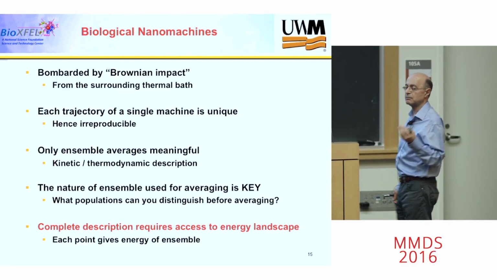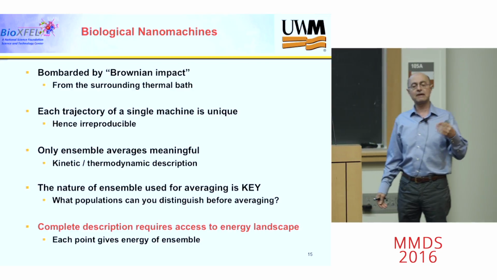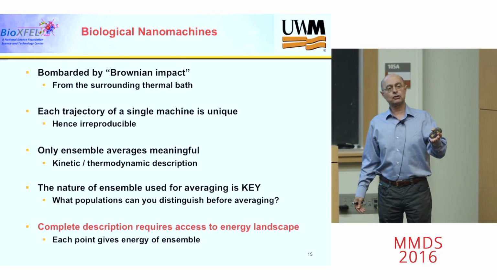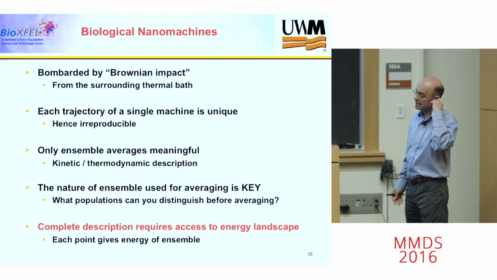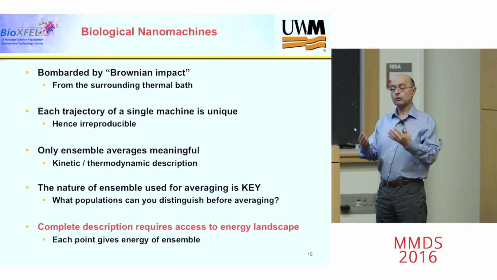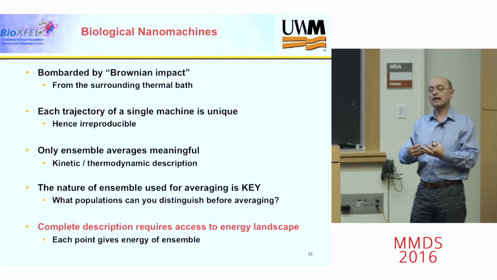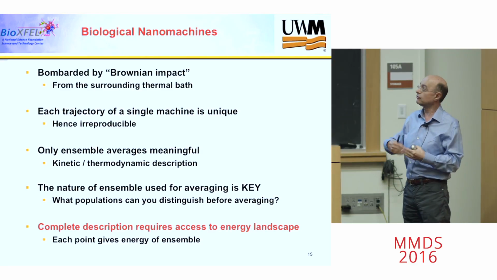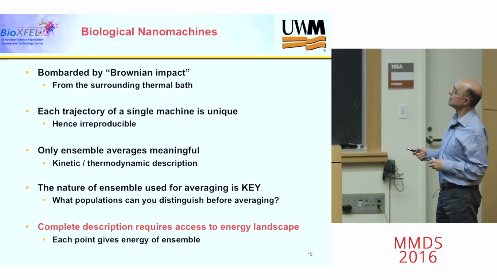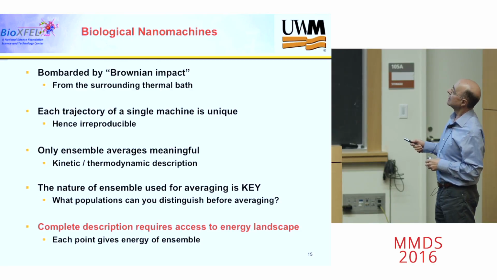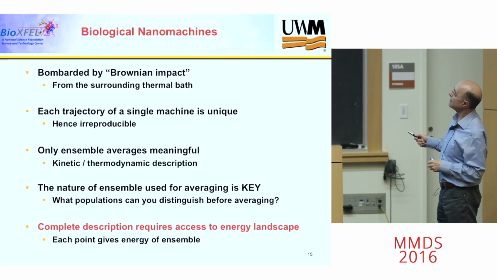In order to find out whether somebody likes chocolate, you don't just look at a random appearance of the word chocolate in her email, but you have to see that repeated. In the same sense, if you want to look at how a biological machine performs what function, you have to look at many trajectories and form an ensemble average. That's to say, the thermodynamics is important, and it's really the nature of the ensemble averaging that is key.